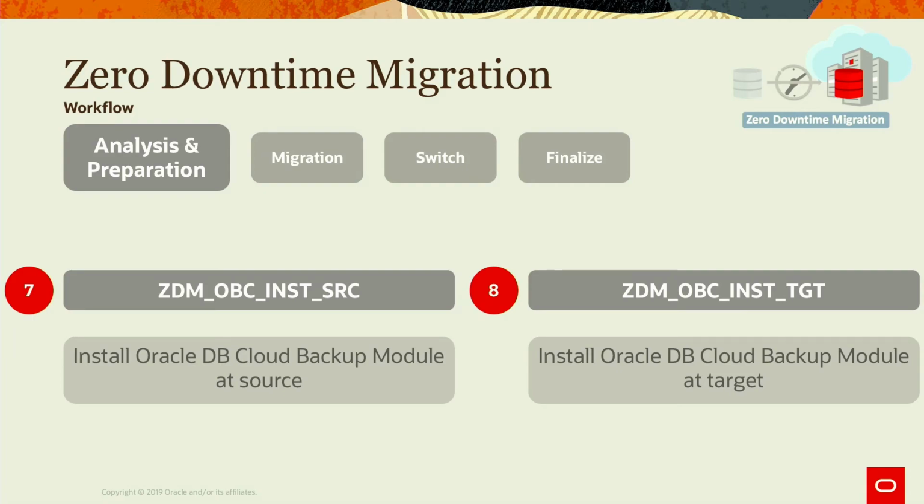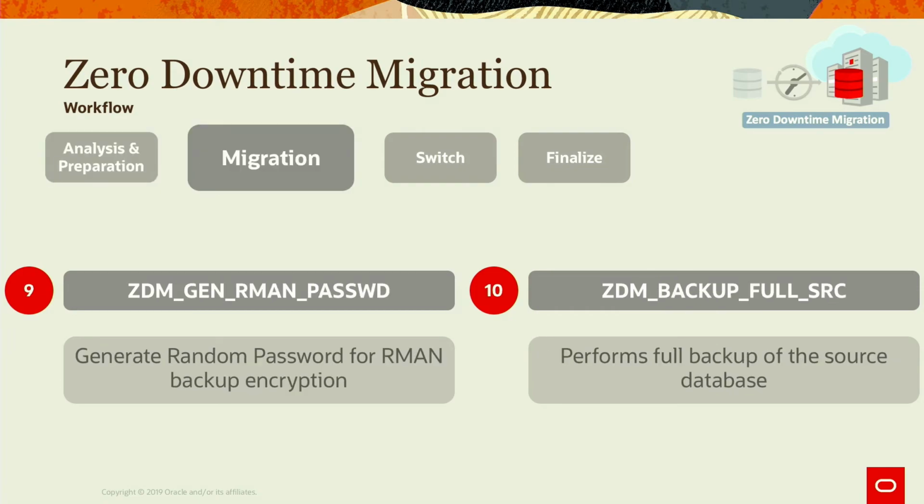Then, since we use a backup and restore migration module, we have to install the database cloud backup module at the source database, and the same module at the target database. We then move to the migration part. And here we generate a random RMAN password for the encryption of the backup.